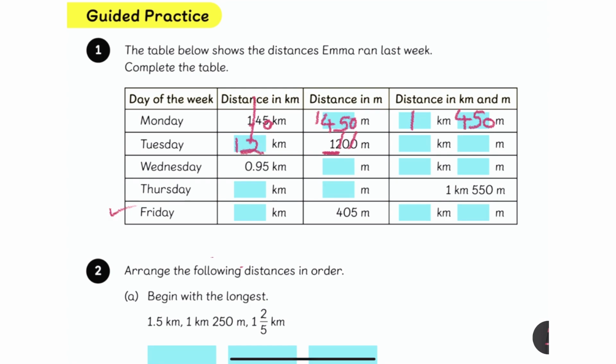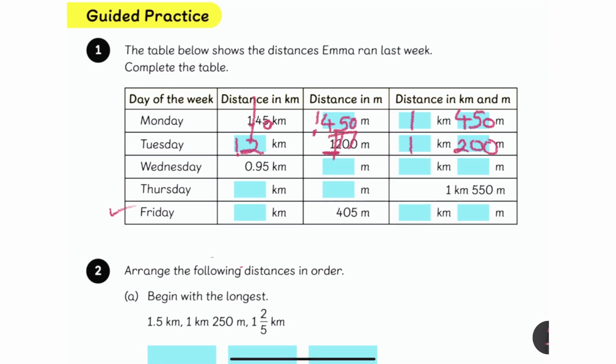Why? Because this 00 is nothing but my 0.1, when I do the conversion. Now, how do they want it? In kilometers and meters. So simply, I will just bifurcate my 1200. So 1 kilometer and 200 meters. Remember, we did this above as well. I took this 1 kilometer and 450 meters.